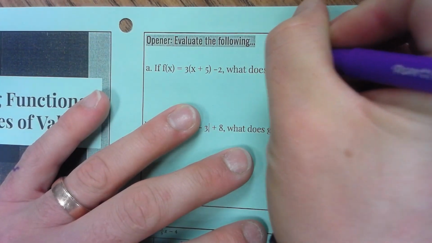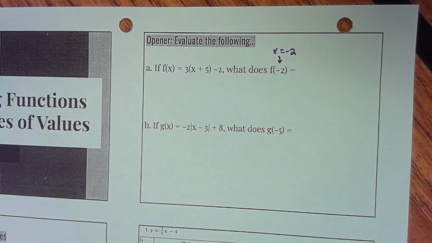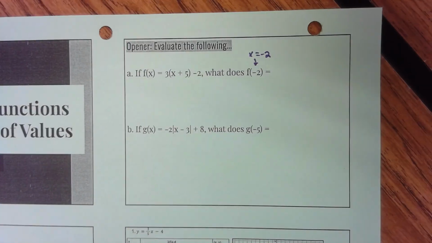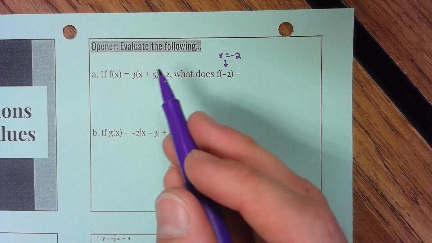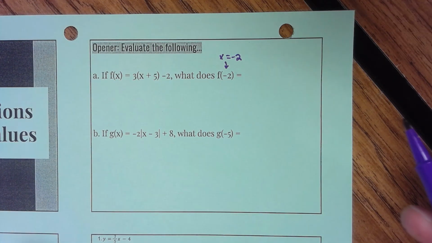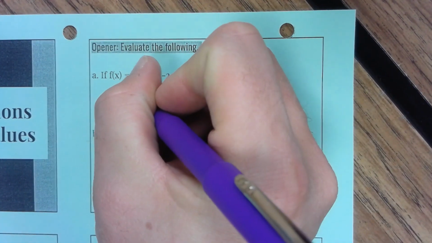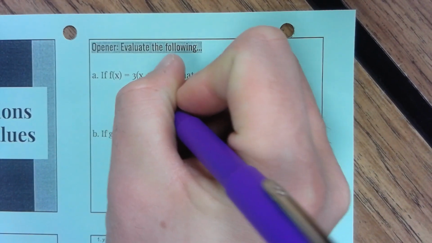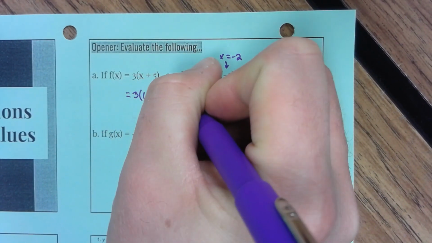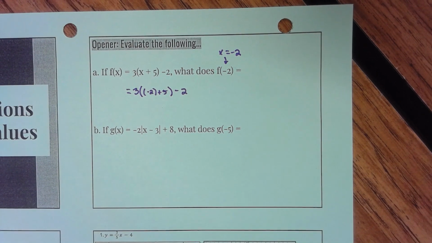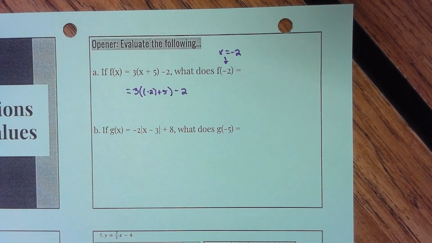That tells me x equals negative 2. So if I know that x equals negative 2, that means I need to replace the x in the equation with negative 2 and come up with a value for that. So this is 3 times negative 2 plus 5 and then minus 2. That's the one thing that all of us should have been able to pick up.